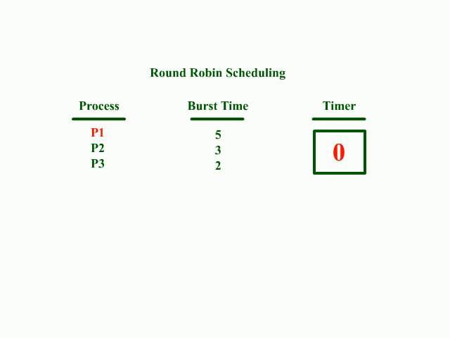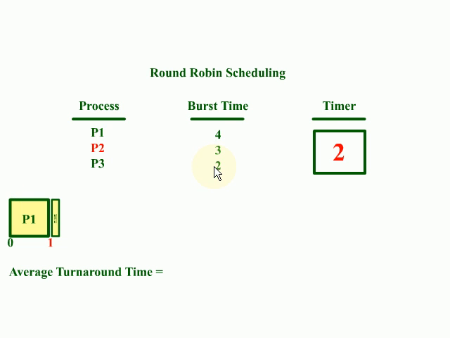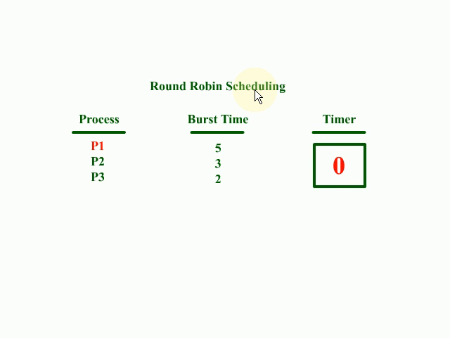Now let's see how round robin works. First of all, we have three processes with burst times 5, 3 and 2.